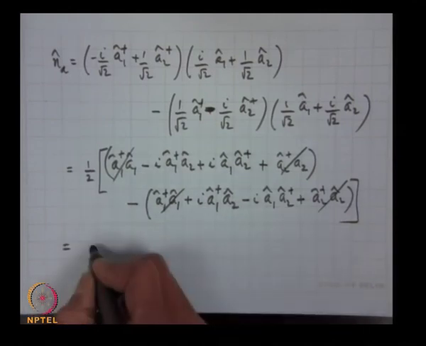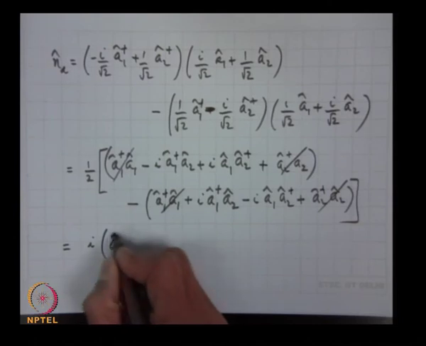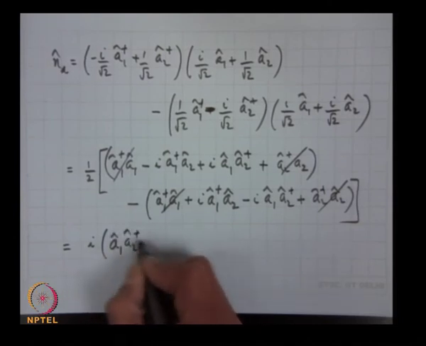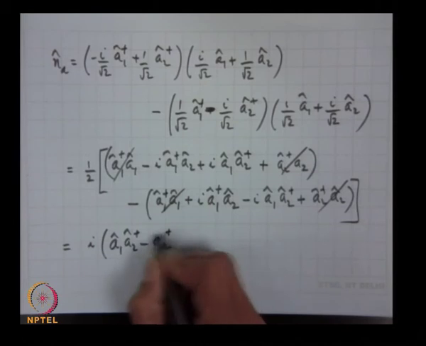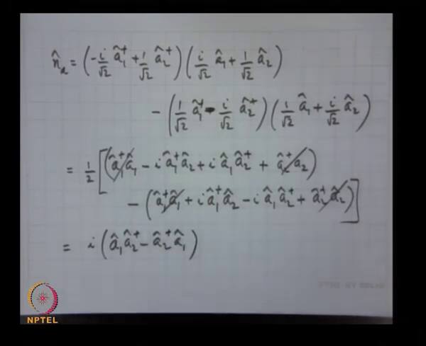So this becomes equal to i times A1 A2 dagger minus A2 dagger A1. So this operator corresponding to this difference is A1 A2 dagger minus A2 dagger A1.